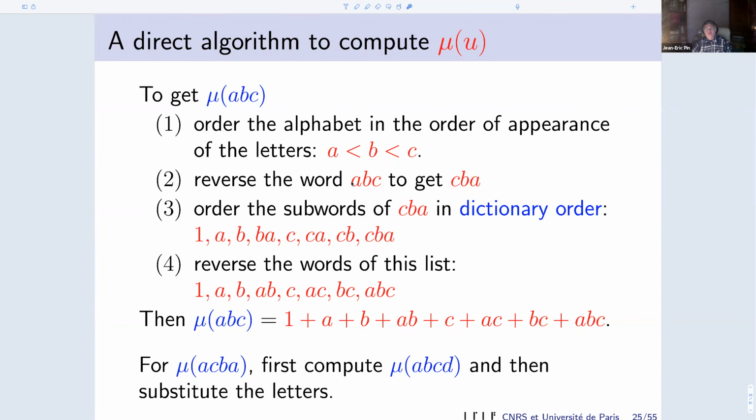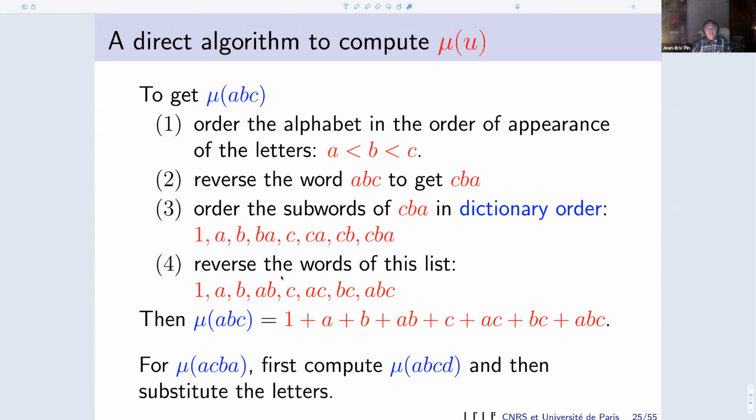You reverse the word ABC to get CBA. And now you take the subwords of CBA in dictionary order, just like a real dictionary. So you get 1, A, B, BA, C, CA, CB, CBA.